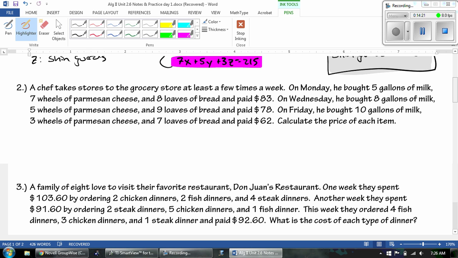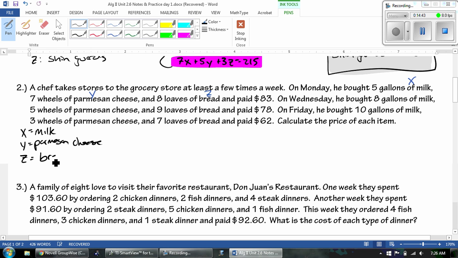Well, we know the things that he's buying the most are the milk, the Parmesan cheese, and the bread. Okay, so my X is going to be milk. The Y is going to be the Parmesan cheese. And the Z is going to be the bread.